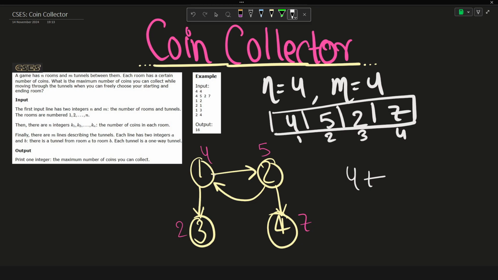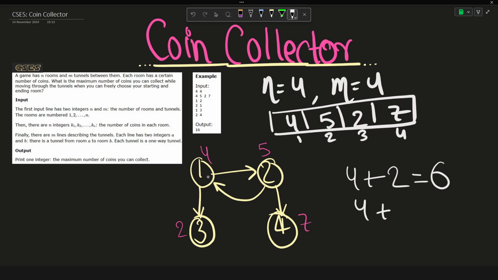So suppose we go to the third room. Then we reach the third room and collect every coin present there, which is 2, so we will be adding 2 to our result. After this, from the third room it is not possible to go to any other room, so we will stop here. We collected a total of 4 plus 2, that is 6 coins.